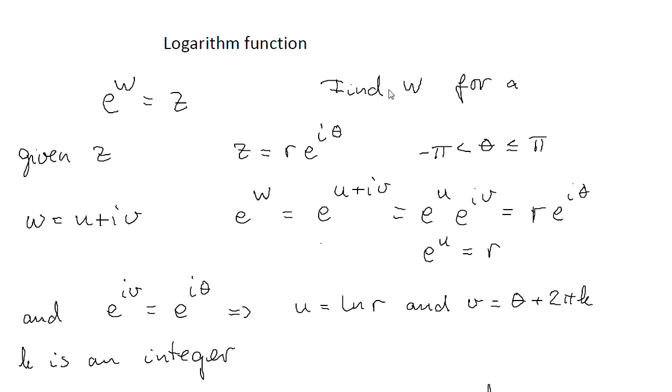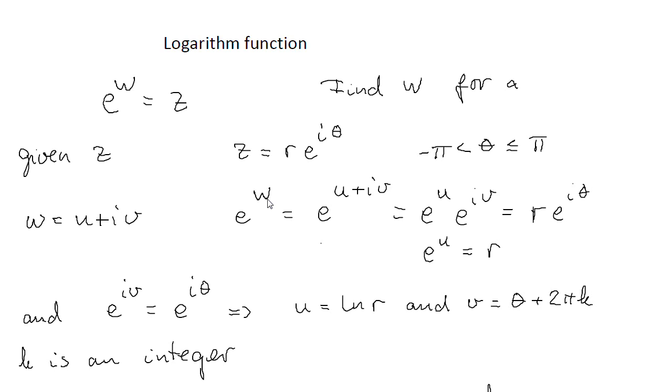So we now want to find this w, and w is also a complex number. If we write this complex number in rectangular form, like this, u plus iv, then we can now use the exponential function. We take the exponential function of this variable.